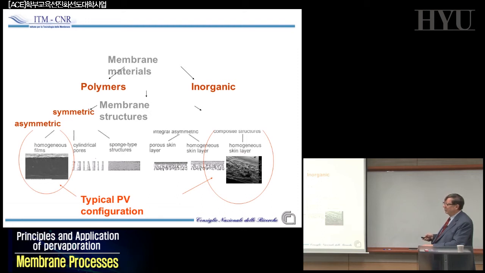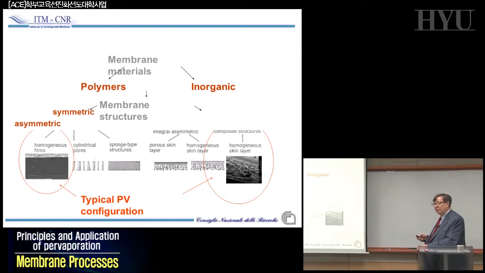Normally, the most utilized today are polymeric membranes, asymmetric, as I was mentioning before, with a dense skin on a porous support. However, pervaporation is one of the cases in which inorganic membranes have also been utilized.